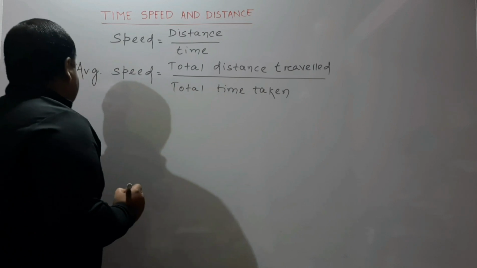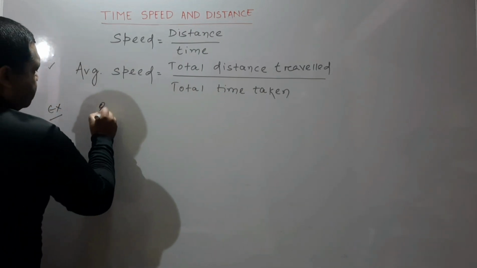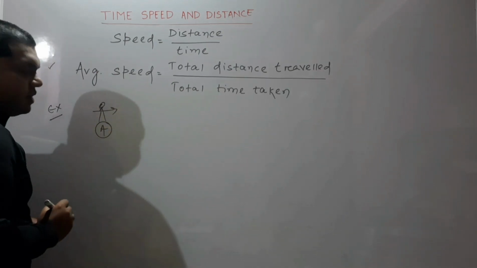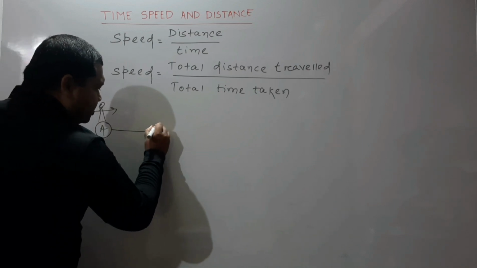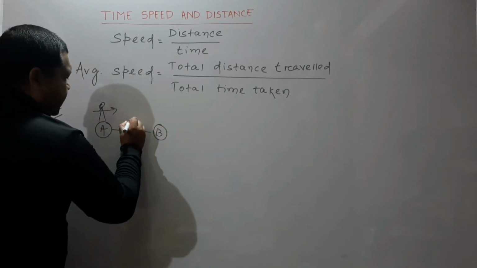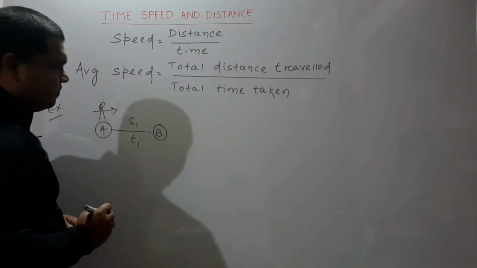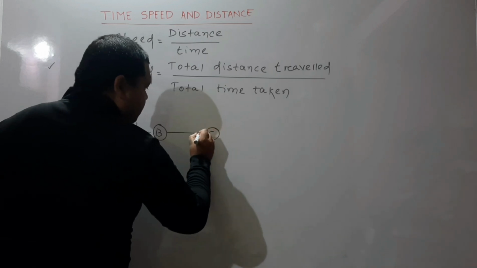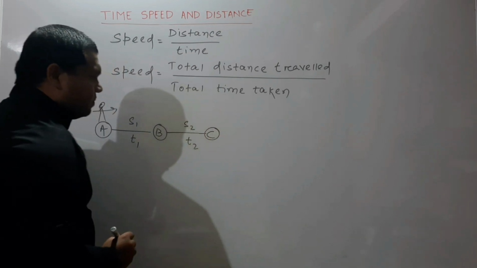Okay. Example, suppose you are at position A. Initially, you are at position A. From position A to position B, let your speed be S1 and time taken T1. Similarly, from B to C, let your speed be S2 and time taken T2.